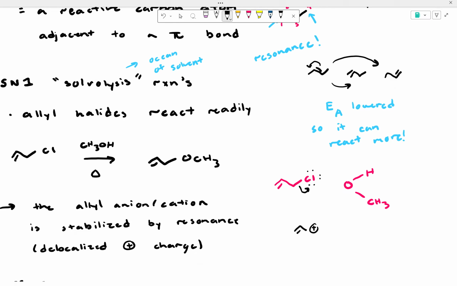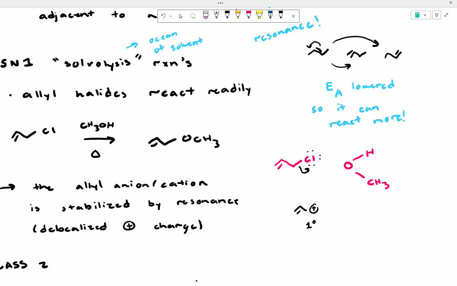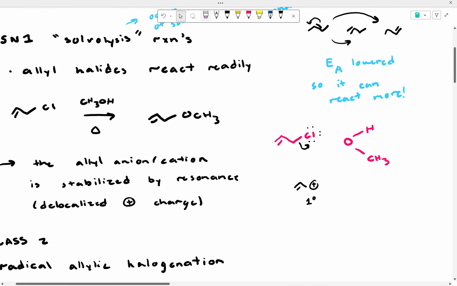But isn't this a primary carbocation? It's not just a primary carbocation, it's a primary allylic carbocation.